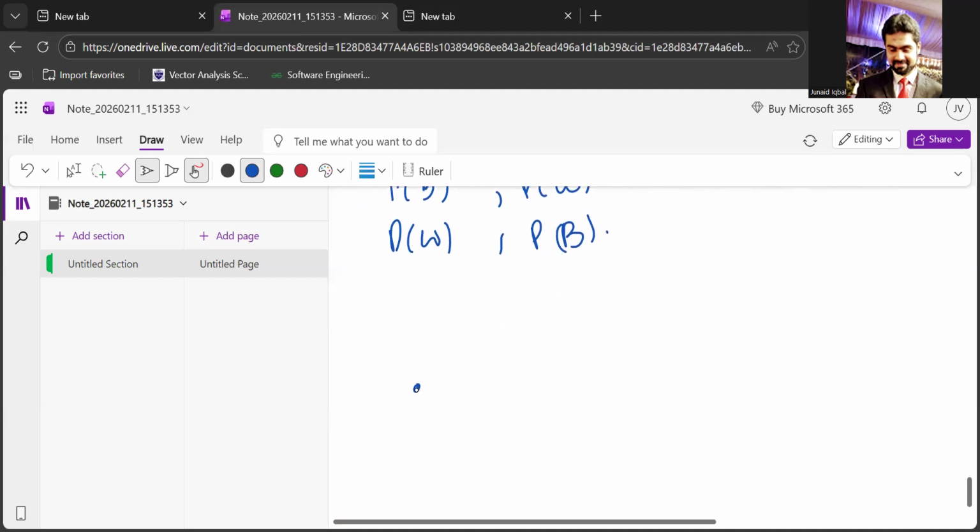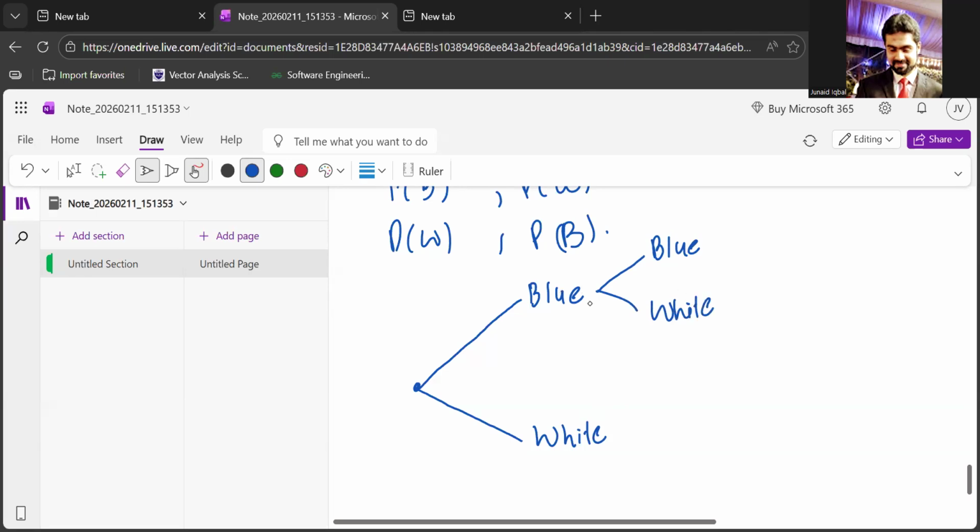So let's say first you pick black. Let's start with that. And in another scenario, in the first you pick white. So after black, they could be black again, they could be white. Although we are interested in black and white, there are two different colors. And similarly, if you pick white in the first attempt, and the second attempt it could be black again, and it could be white.